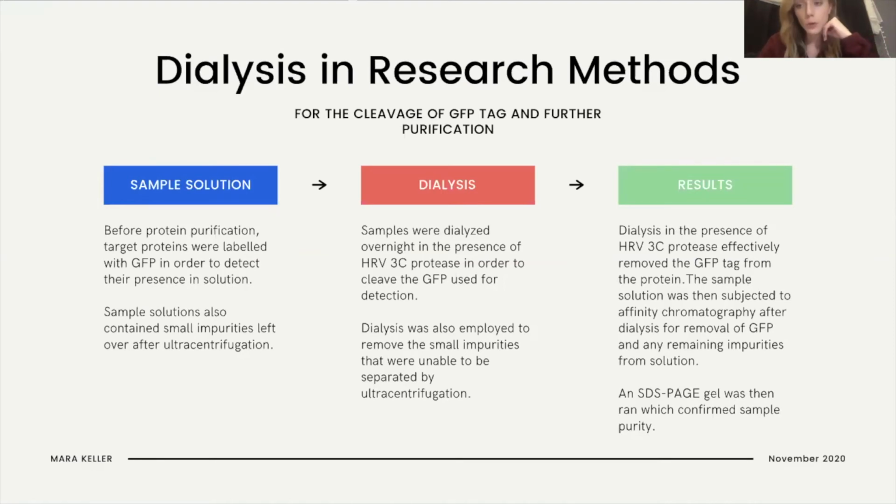So in order to test for this, they actually tagged the GPCR of interest with a green fluorescent protein, like we've talked about in class before. And then they did some spectrophotometer experiments to check for their protein in solution to ensure that the solubilization was successful. So the solubilization was successful.